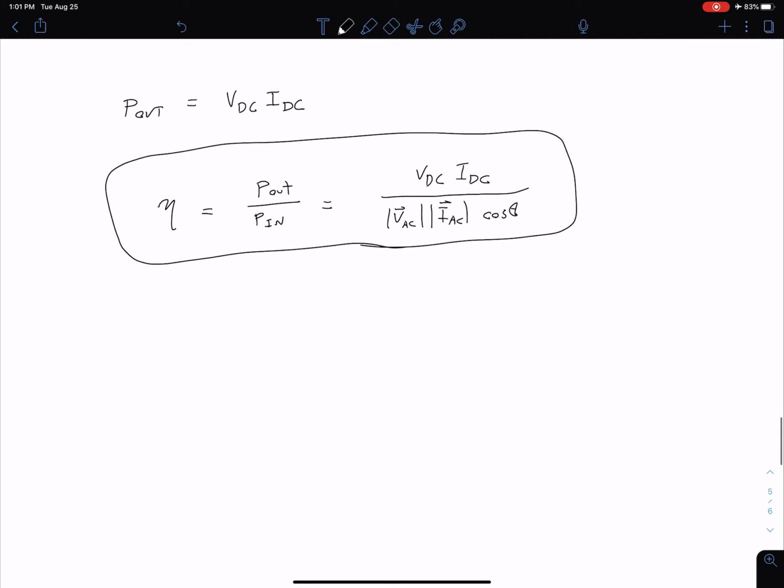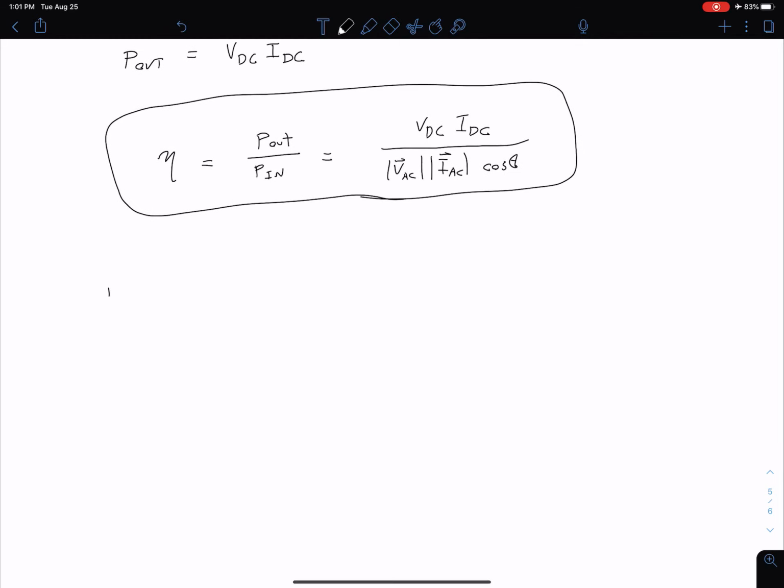So one thing to note, another design idea here, is looking at this equation, we could say if we have the no load case, well, if we don't have any load, that means there's no path for the current to flow. We just have an open circuit at our output, so our IDC is going to be 0.